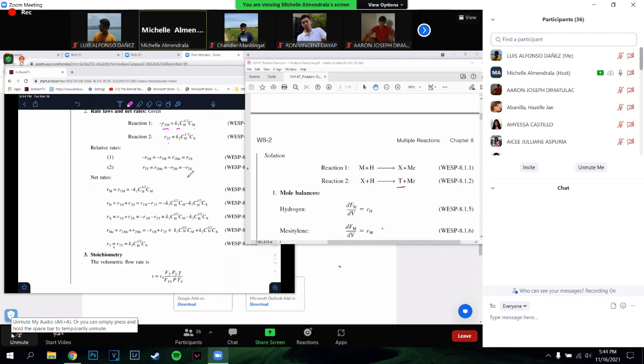In reaction 1, I'm defining the rate of reactant M, and in reaction 2, the undesired product, which is toluene. Okay, that's K2 C_H raised to 1/2 C_X. That's dependent on reactants X and H.